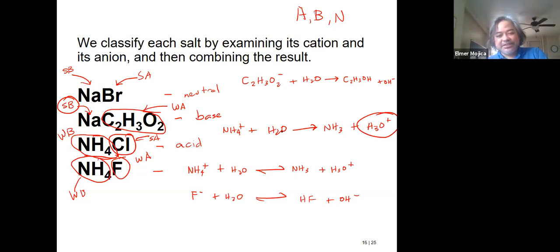Now, what do you have there? Is it a Ka or a Kb? What K do you have in this reaction? Anyone? And what K do you have in the second reaction? Hello?